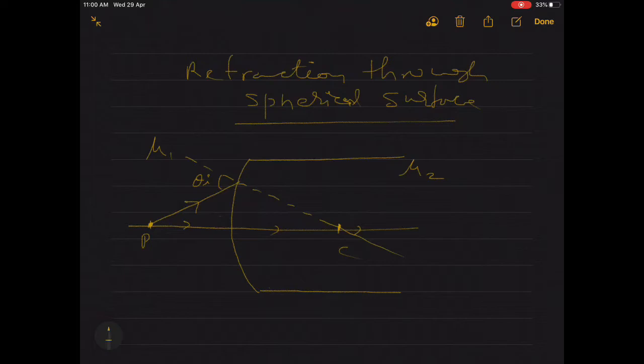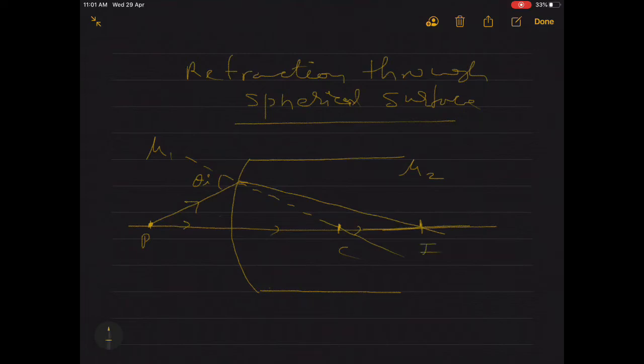After getting refracted, this ray will bend towards the normal and travels in this way. So at this point these two rays are intersecting, so here the image is formed.